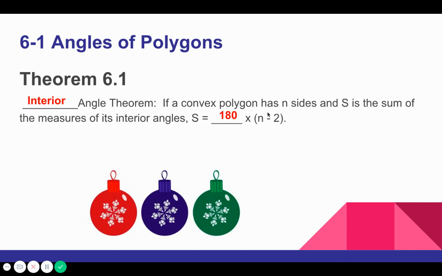So you take the number of sides minus 2 times 180, and you'll have the total of all the angles on the inside of any polygon.